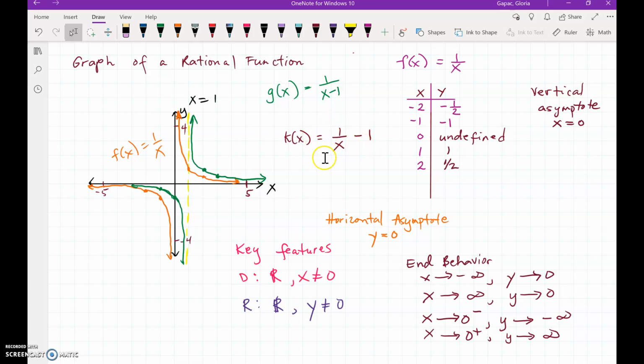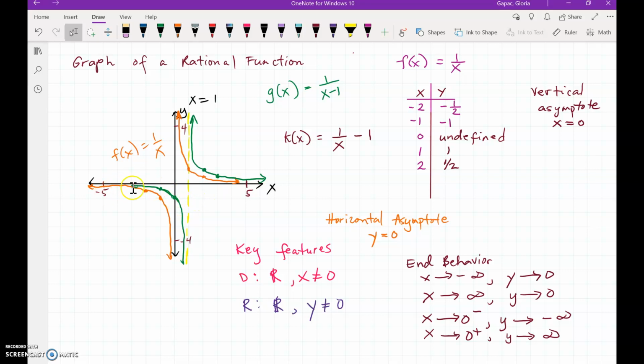So what kind of transformation will happen? That is correct. You're going to have to shift it 1 unit down. So all the points from the parent function, you're going to shift down. What is happening now is this will intersect the x-axis, so we can get the x-intercept.